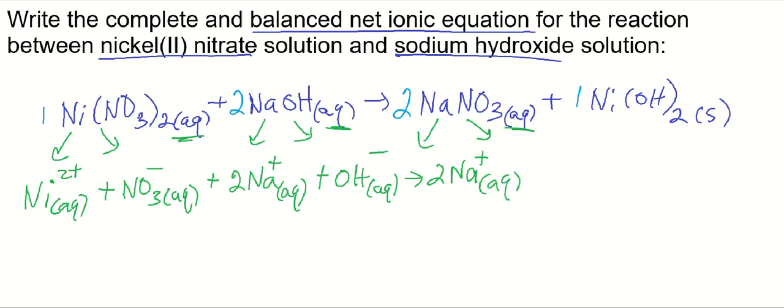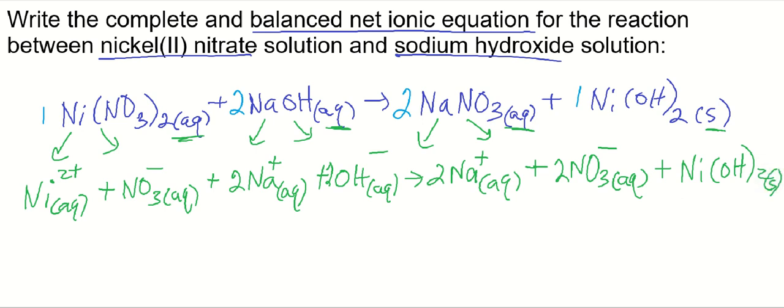Make sure you have charges on all of these ions. Sorry, the bell's about to ring, so I'm a little distracted. Put a 2 there. Charges. And then this is a precipitate, so that's just going to stay the way it is.